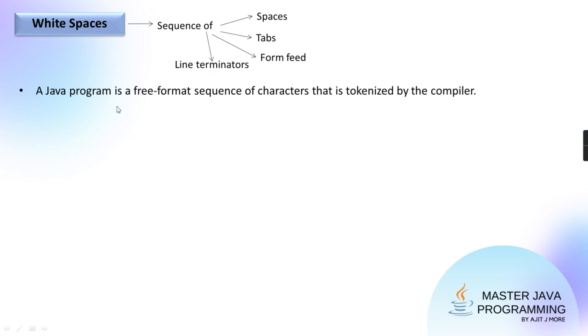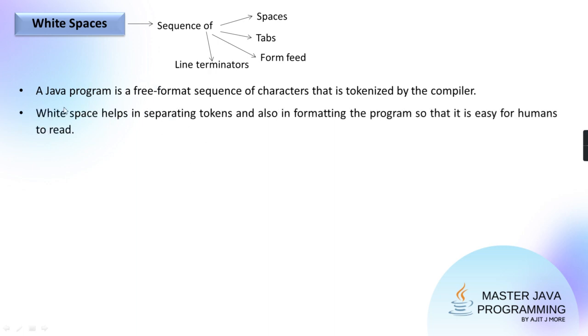See, a Java program is a free format sequence of characters that is tokenized by the compiler. You can write the whole code in one line, or you can split the code on separate lines by putting tabs and making proper indentation to look elegant. But still, Java is free format.